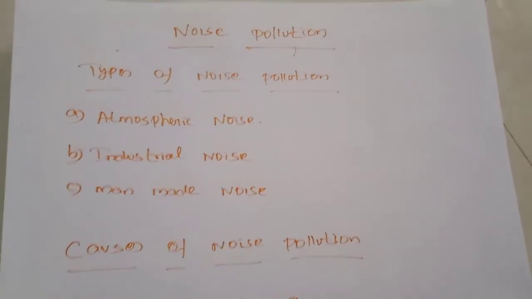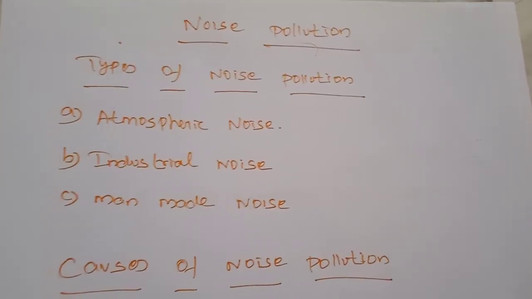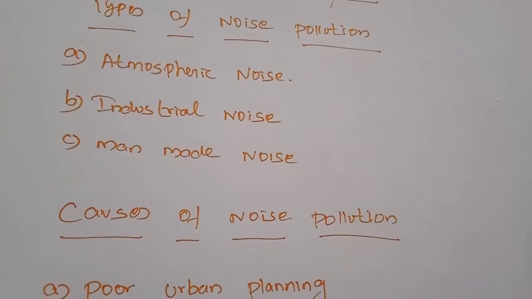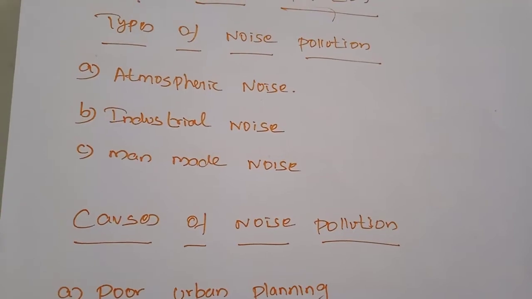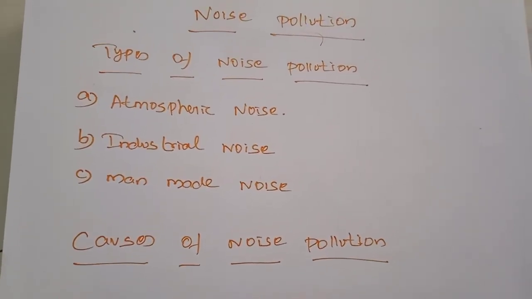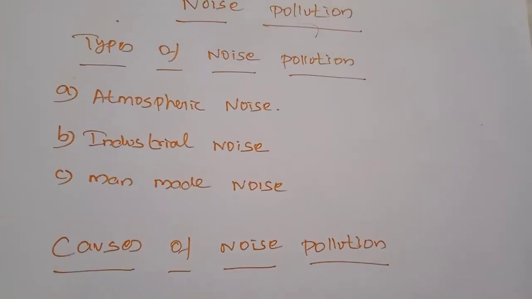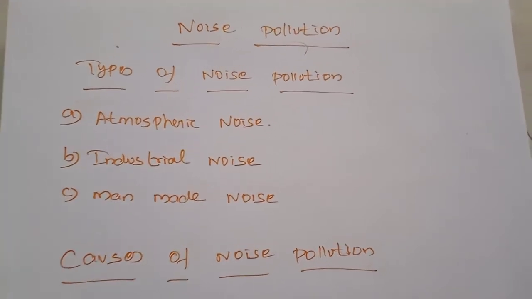Wherever the noise comes from industrial activities, it is considered industrial noise. Next, man-made noise. The main sources of man-made noise pollution are ships, aircraft, seismic explorations, marine construction, drilling, and motorboats, and even some functions and electrical items.